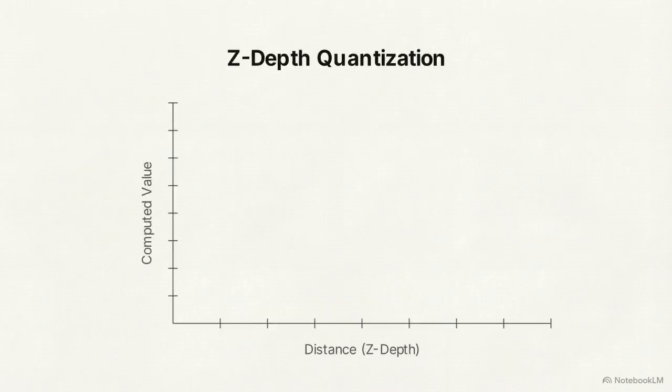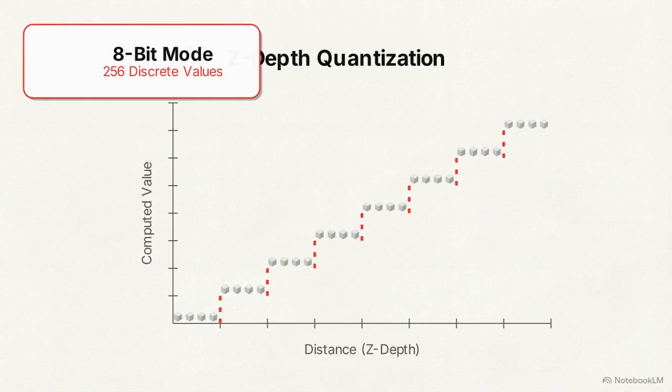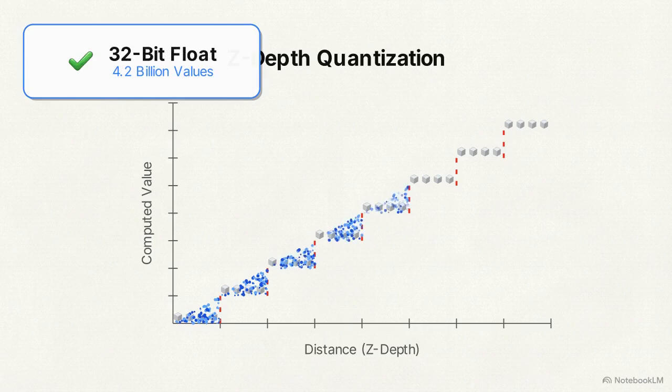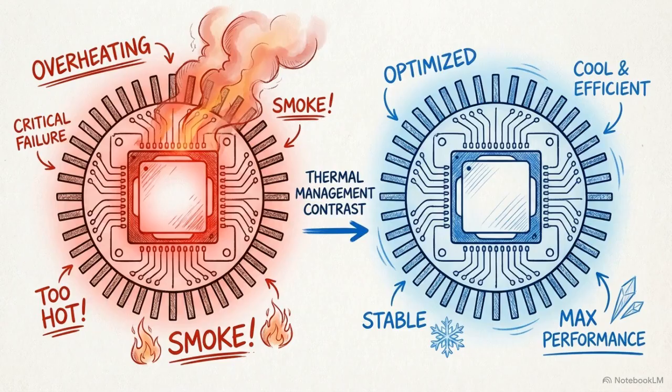In an 8-bit color space, which holds only 256 shades, gradual distances break down into harsh, blocky stairs. Switching to 32-bit floating point provides over 4 billion values per channel, filling gaps with microdata points to create a perfectly continuous gradient. Starting with 32-bit clean data ensures your CPU doesn't waste cycles trying to calculate focus through broken, stair-stepped information.